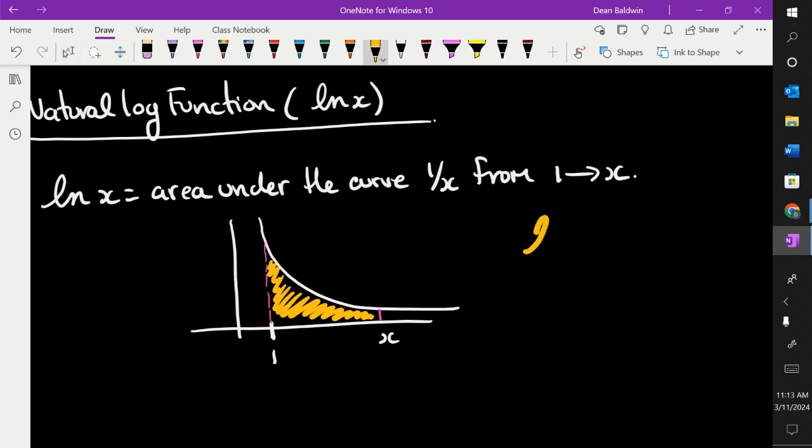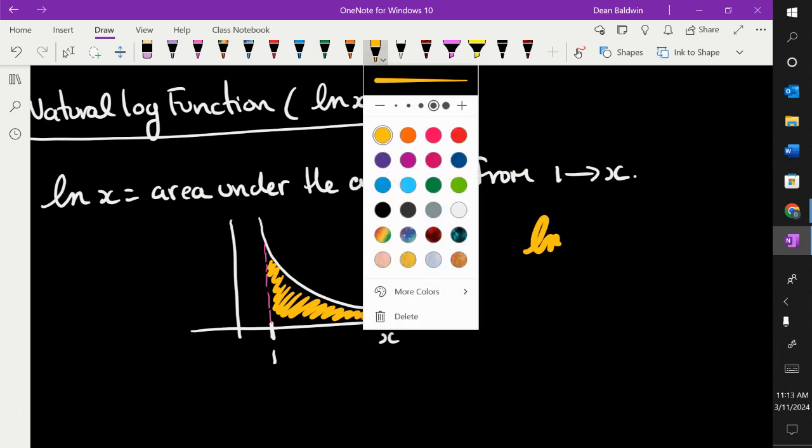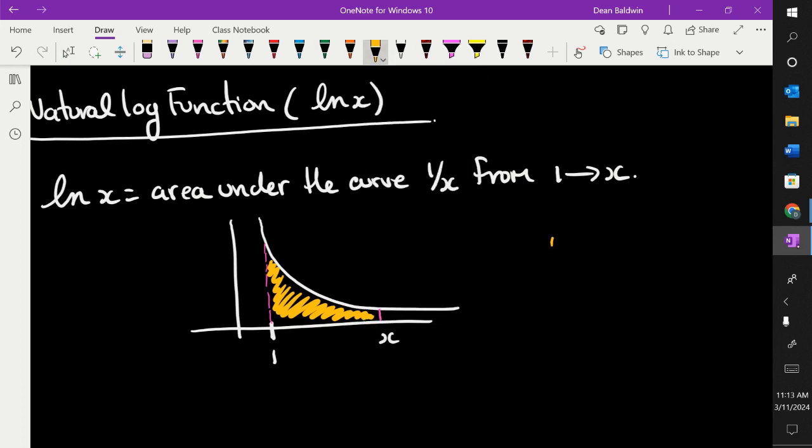If you say the natural log of 2, and you do that in your calculator, what's the natural log of 2? Natural log of 2 is 0.693, and a bunch of other digits. That means you don't have to draw this if you don't want to.